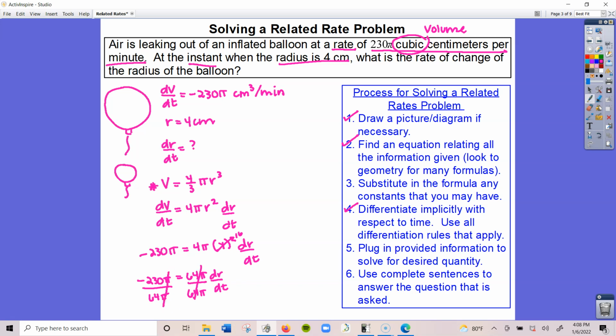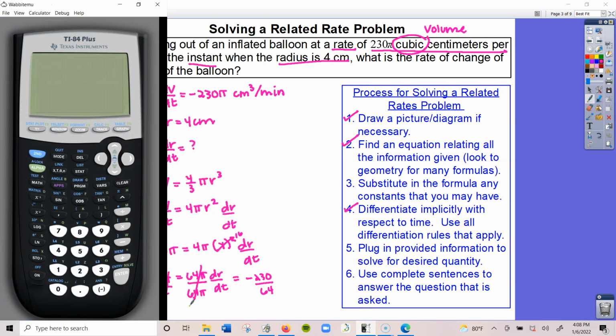Here, my pi's would cancel, and so dr/dt is going to be negative 230 over 64, which you can leave like this as a fraction, or if you want, you can go to the calculator and divide. Negative 230 by 64 is going to equal negative 3.5937.